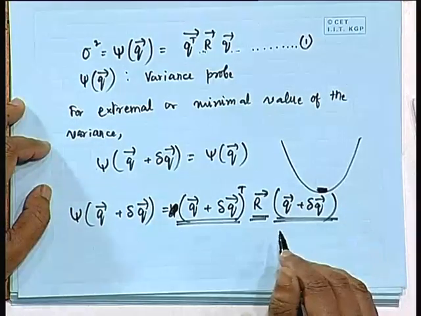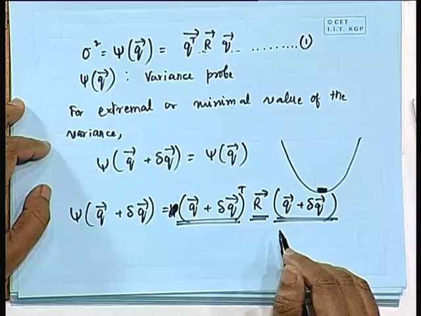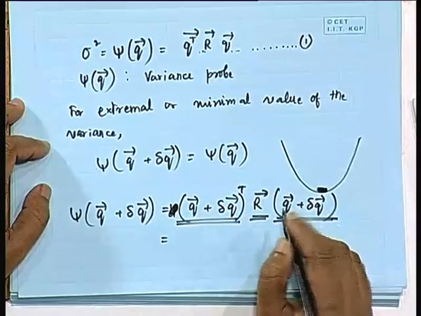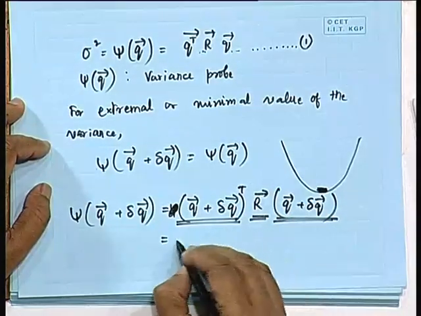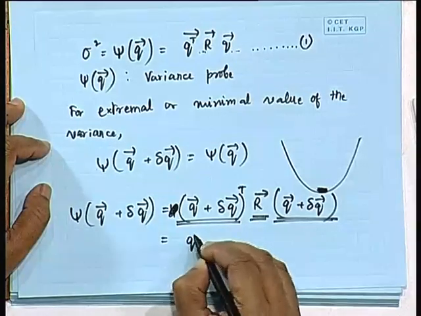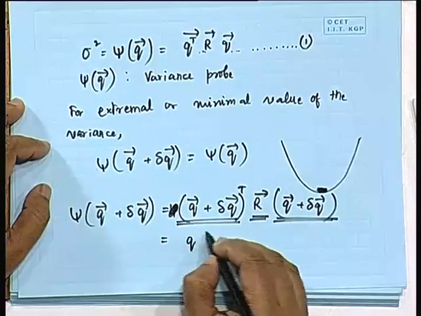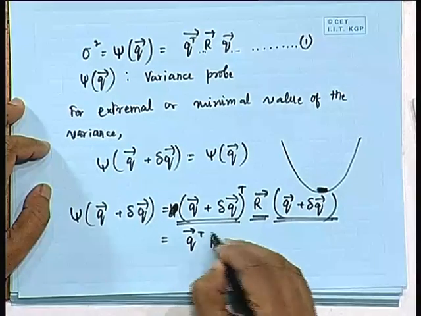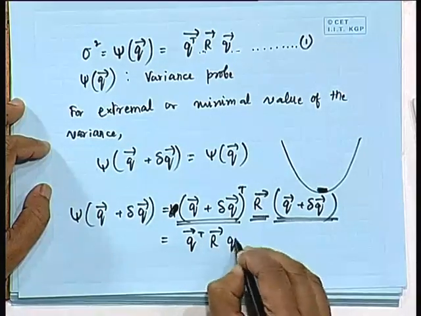So now what we have to do is expand this whole thing, and by expanding we will be getting 3 terms. One is q transpose r q.